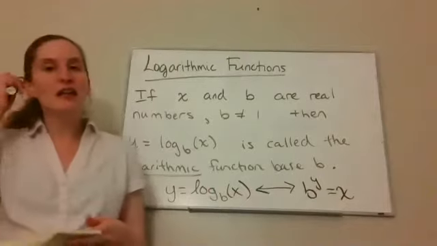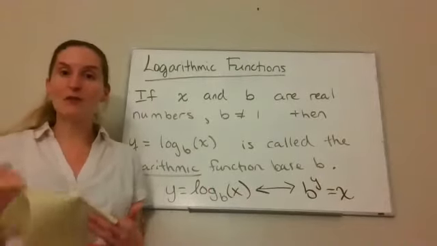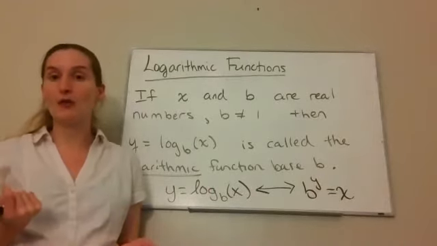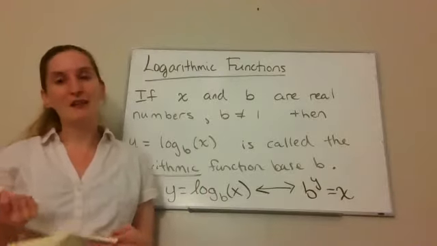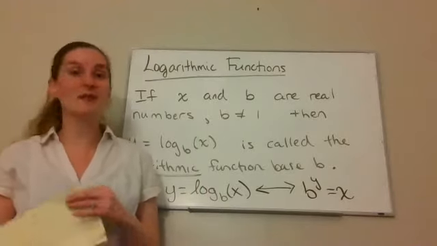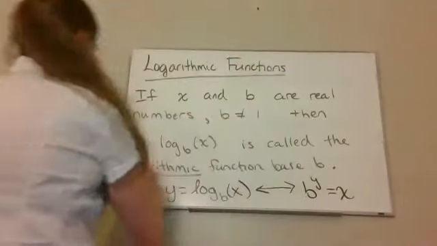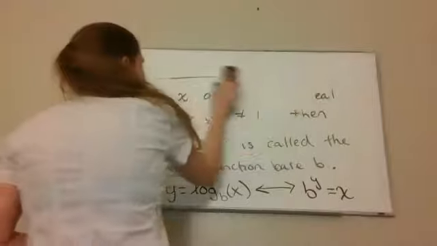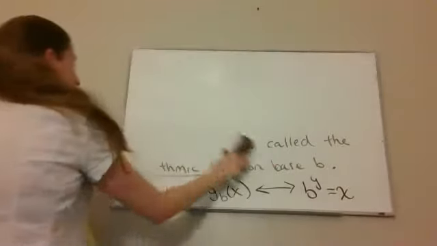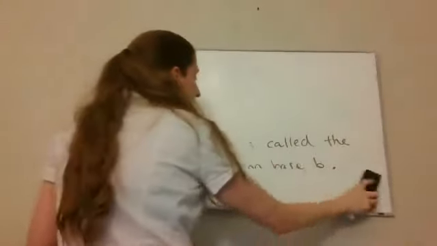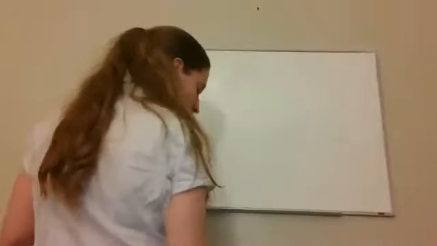It's very good to get used to converting back and forth between exponential and logarithmic form, because sometimes it's easier to solve a problem with one and sometimes it's easier with the other. So we're going to just start with some examples where we rewrite logarithms into exponential form and then rewrite exponential functions into logarithmic form.